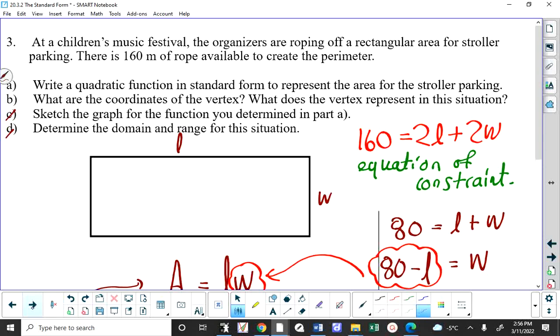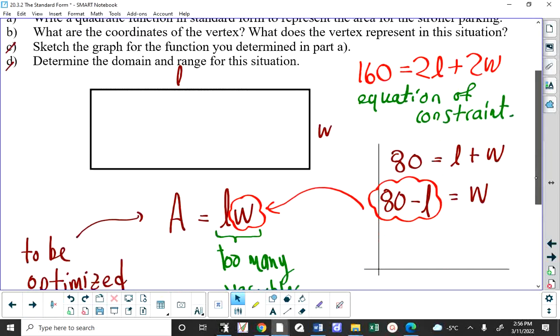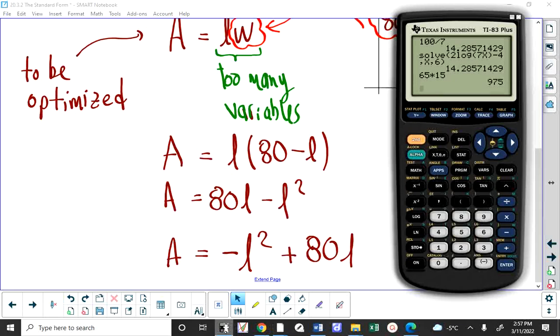Unfortunately, I don't think Zoom Standard is going to show us much, but let's find out. Well, no, I shouldn't say that. It will show us something. So we have -L squared plus 80L. So that's negative x squared. We put it in for y. Negative x squared plus 80x. Let's try zoom standard.